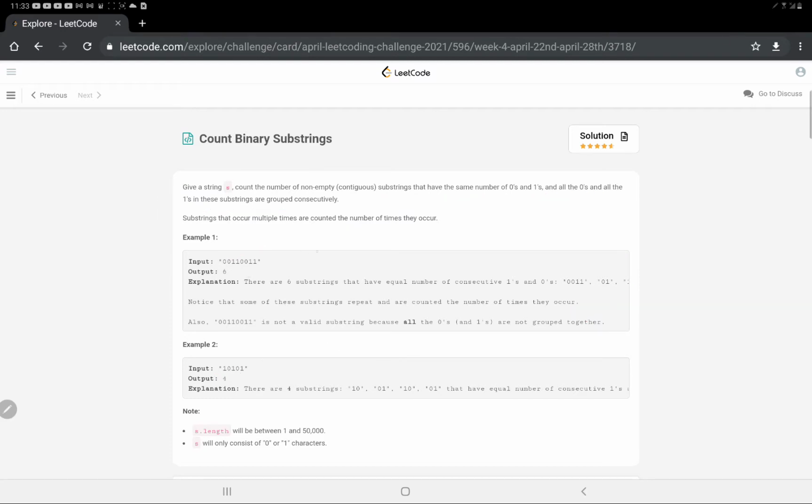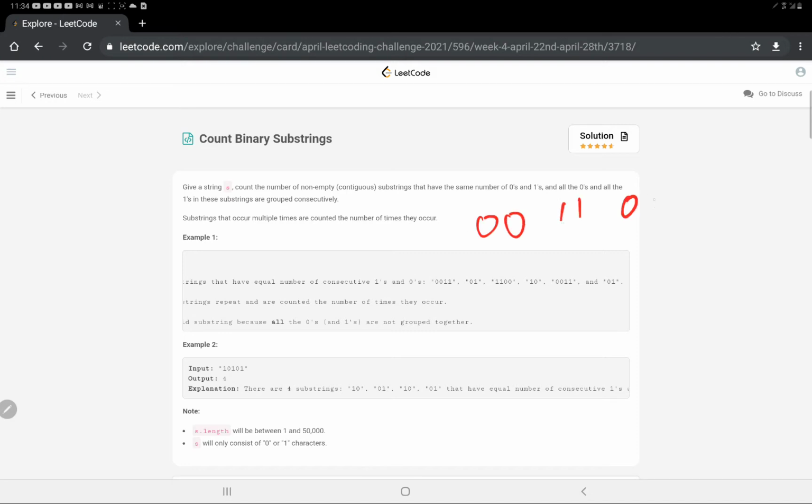In this example, 0 0 1 1 0 0 1 1, there are 6 substrings that have equal zeros and equal ones. So this is the first one, and then 0 1, which is an equal number of zeros and ones and consecutive.